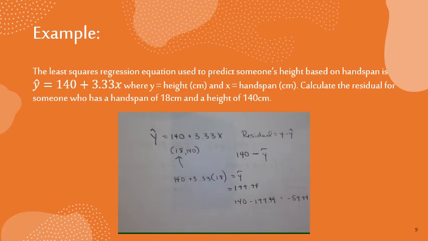And what this means is that our residual is a negative 59.94. A negative residual means that our least squares regression equation actually over-predicted. They over-predicted the height for someone who has a handspan of 18 by 59.94 centimeters.